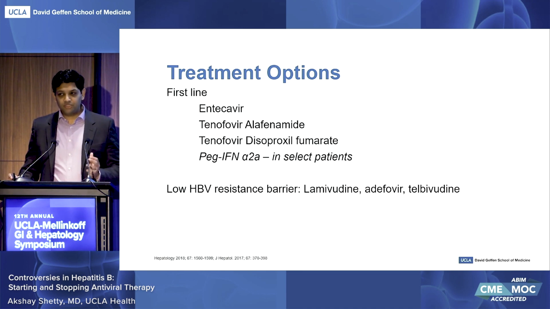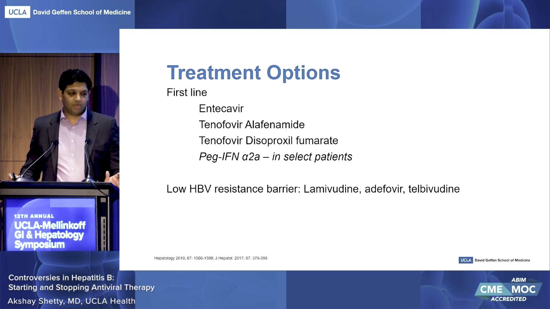It is favorable for patients who are interested in finite therapy over choosing our nukes, which often tend to require long-term therapy. But you should be cautious as pegylated interferon is contraindicated in patients with autoimmune diseases, if they have uncontrolled psychiatric diseases, if they have severe cardiac illnesses, if they have decompensated liver disease, and more.